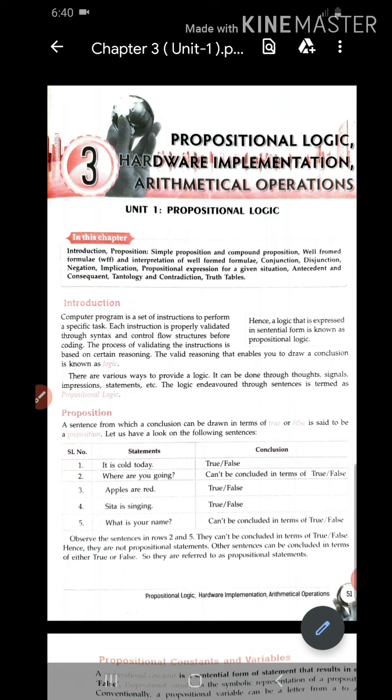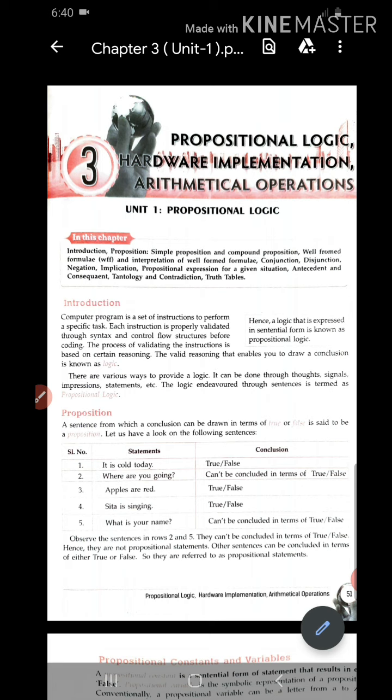And then see, the valid reasoning that enables you to draw a conclusion is known as logic. When we are creating something, when we are solving something, when we want to achieve some solution for a particular problem, then we are creating some logic.